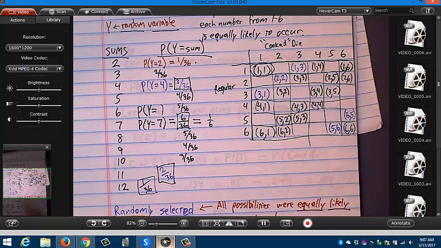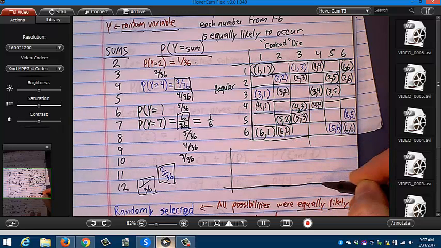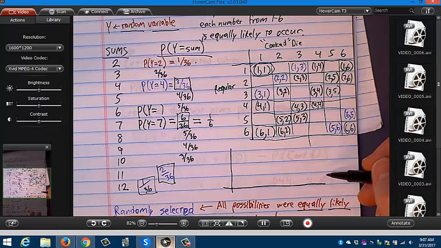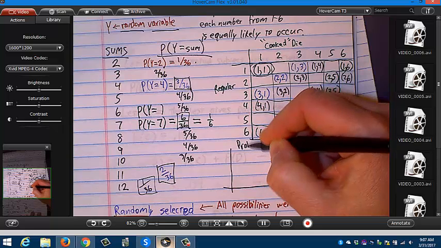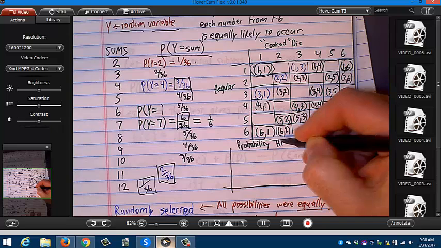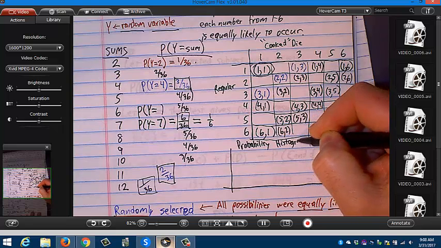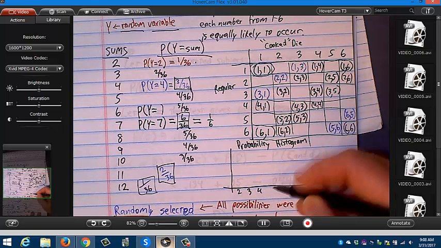Okay? And so if we wanted to, we could graph the probability distribution. You might call this a probability histogram, where you list the possibilities down here.